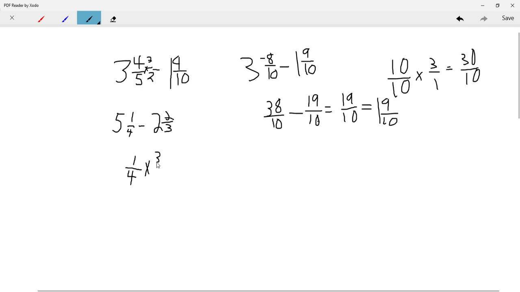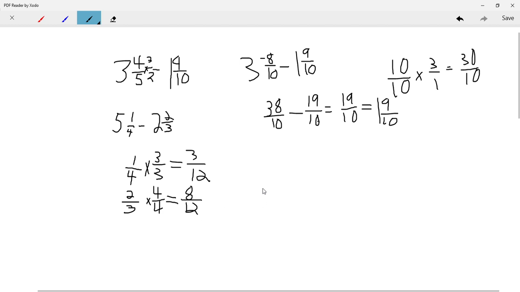So we have 1/4, and then we're going to have to multiply that by 3 over 3, which equals 3/12. Okay? And then we have 2/3, and since 3 times 4 equals 12, we're going to have to multiply that by 4 over 4, and 2 times 4 is 8/12.